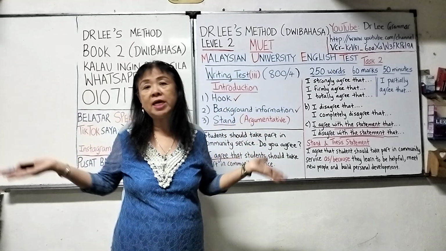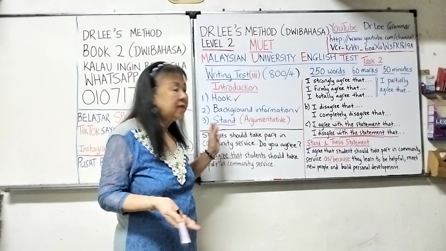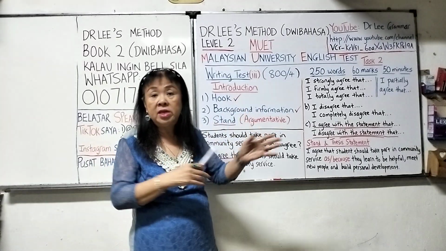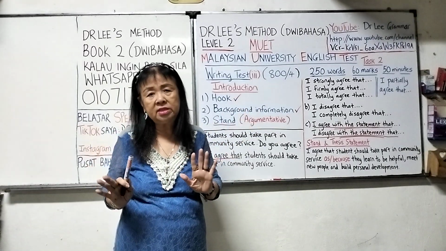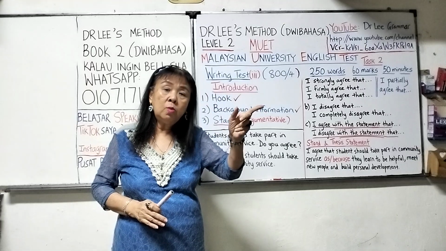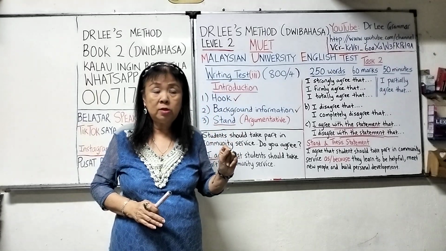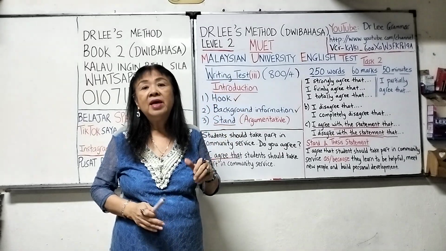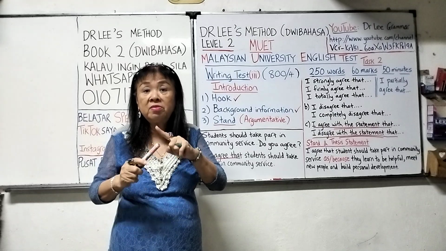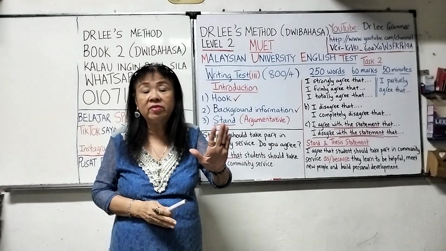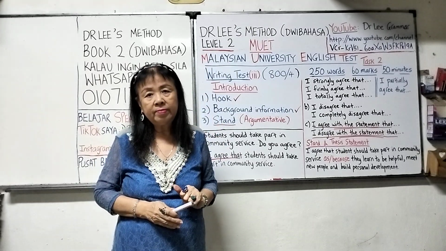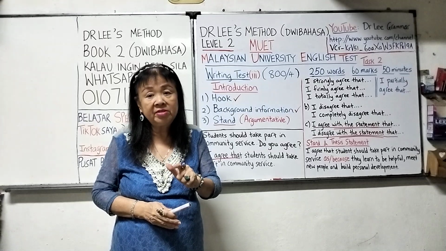It's an open discussion. There's no such thing as I agree this, I agree that, that's not for discursive. Another one is the problem solving essay. You solve a problem. That is the same. Do not write the stand. There is no stand when you solve a problem. You have to remember that first.